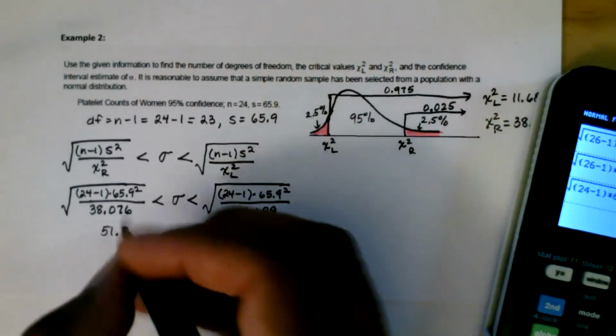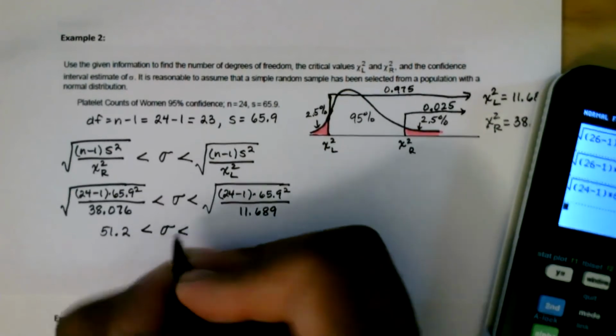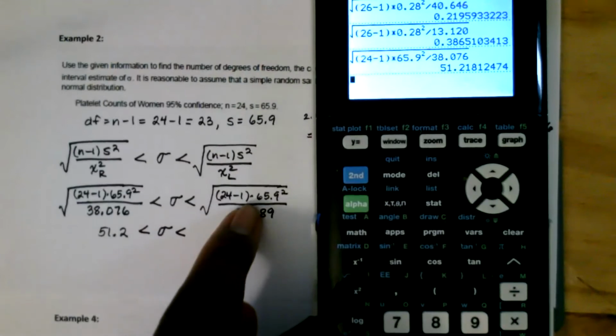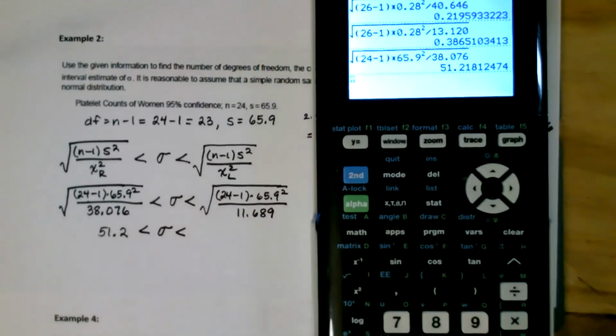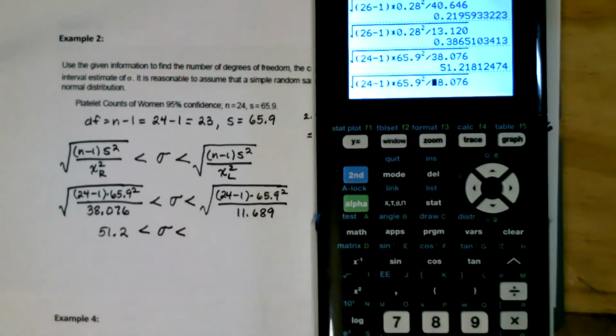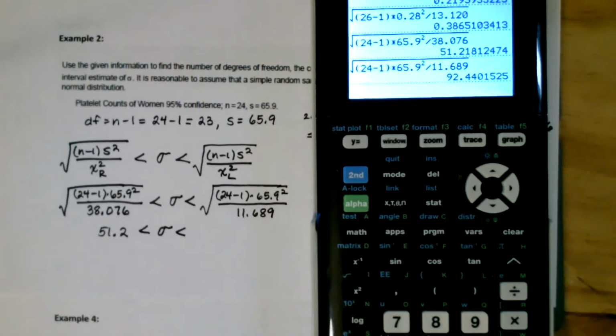And then that's going to be less than sigma and less than. Now for this one, I'm just going to do second and enter, since that numerator is the same. The denominator would just be different. So I'm going to change that 38.076 to 11.689. Then hit enter.